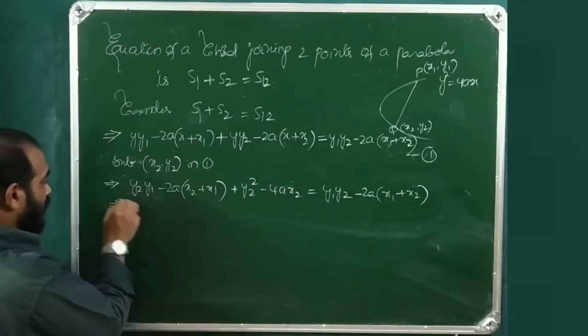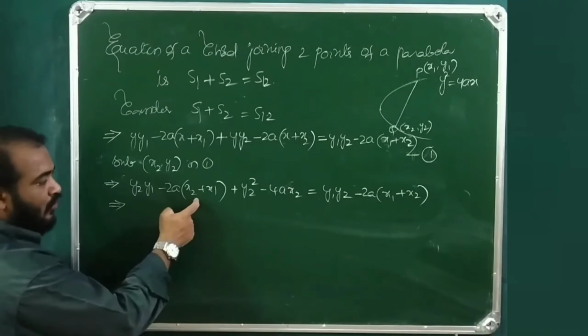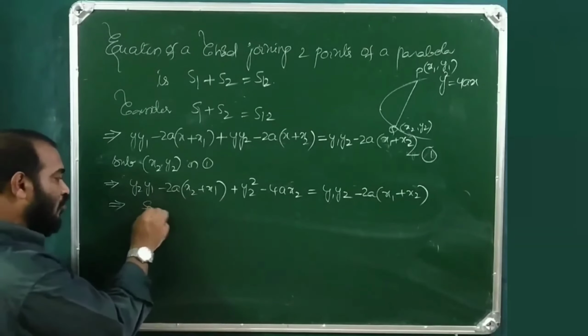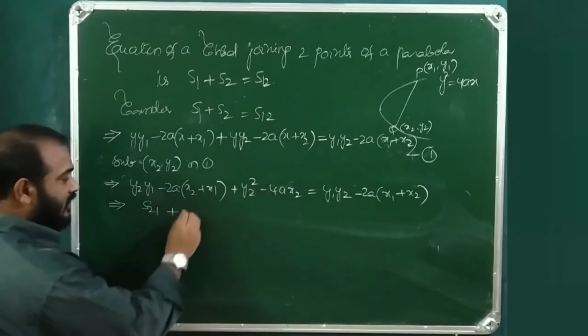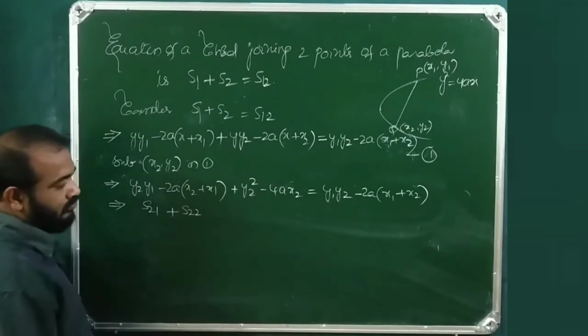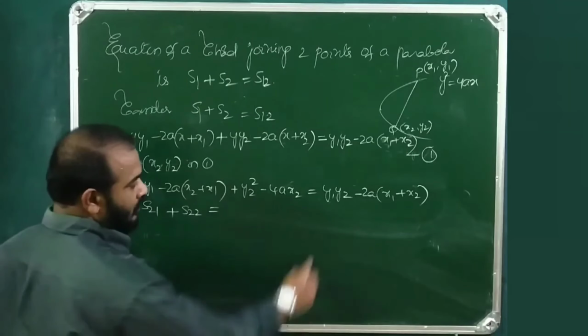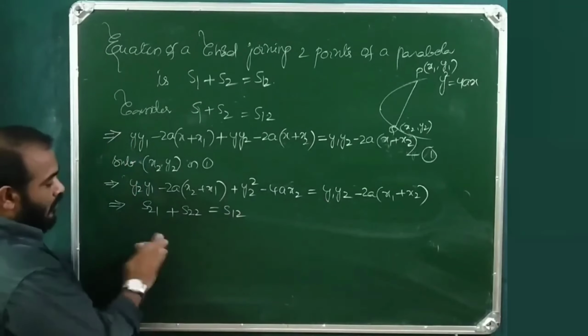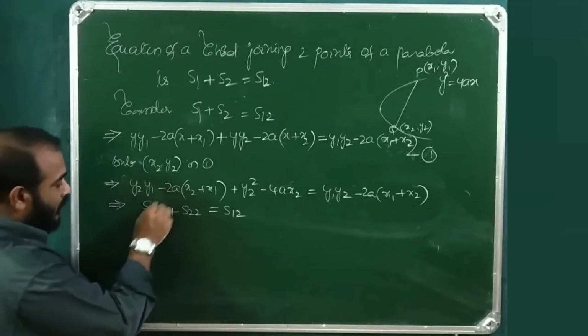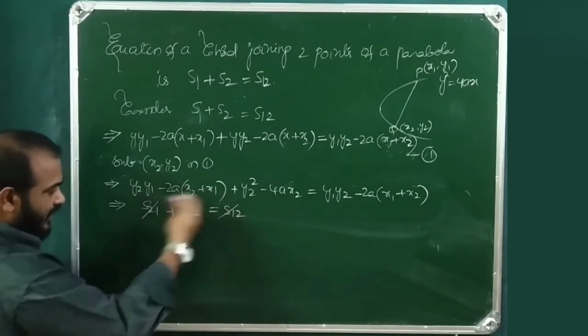So what is y2 y1 minus 2a into (x2 plus x1)? This is S21, plus y2 square minus 4a x2 is S22, equals S12. We know that S12 is equal to S21, so this gets cancelled.